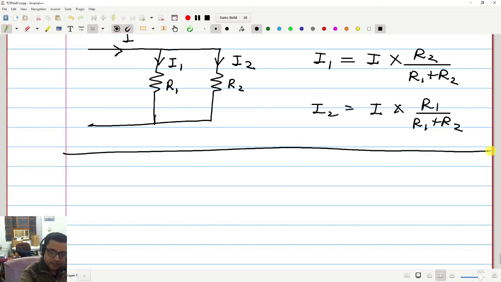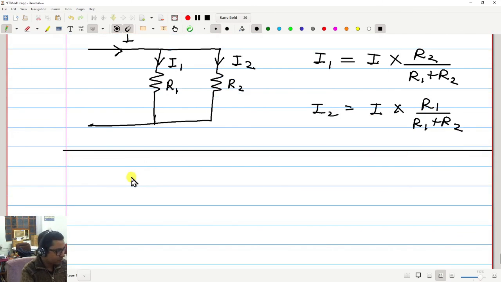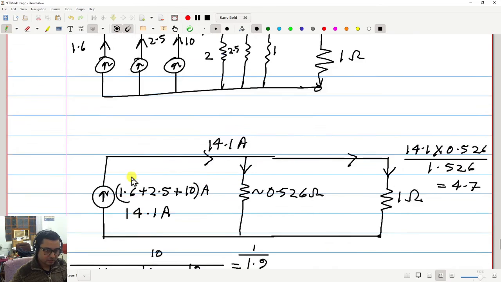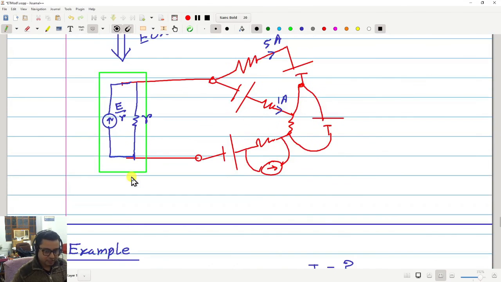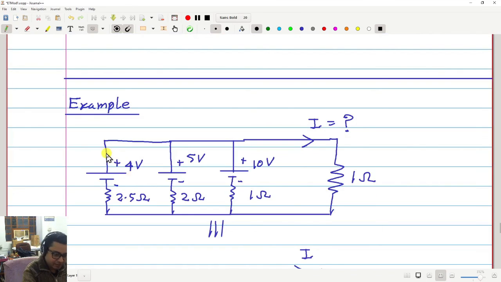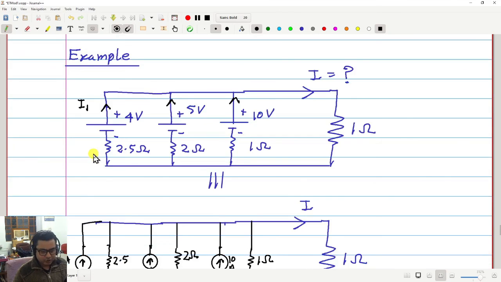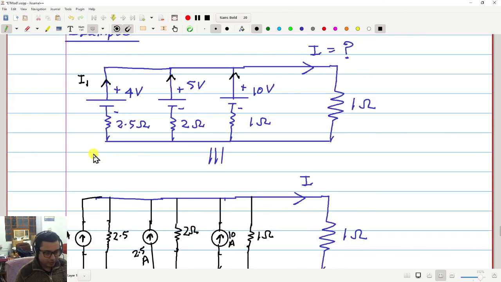Sir, what should we do if we want to calculate the current in each branch? We could use the formula I naught minus V upon R naught. Each branch means here? Yes, sir. Very good question. If I call it I1, how can we calculate it?